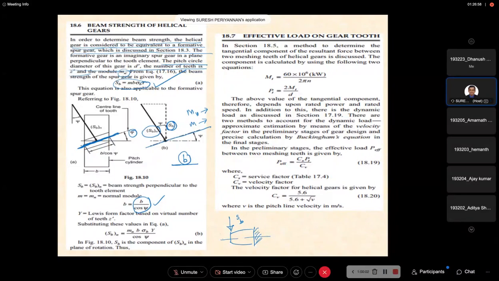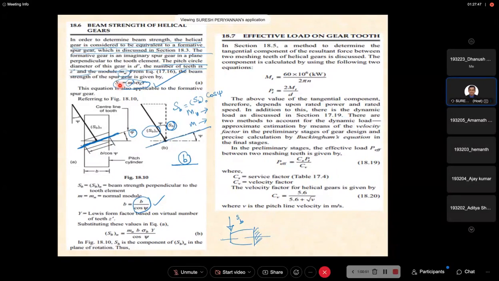SB is equal to SBN into cos psi. Now substitute this: instead of m, put Mn, and instead of b, put b by cos psi in this formula.